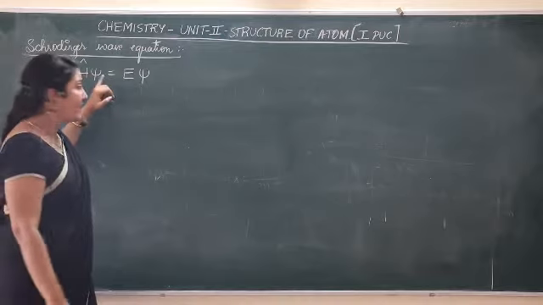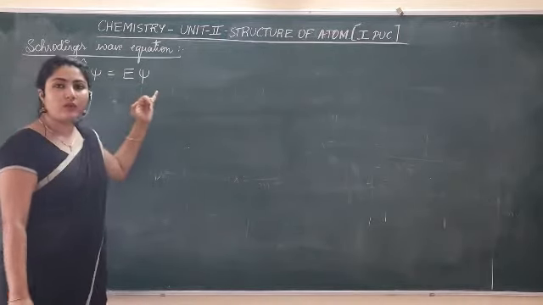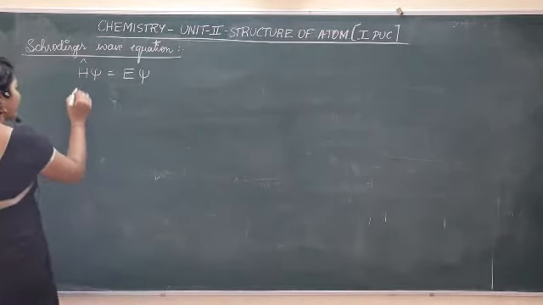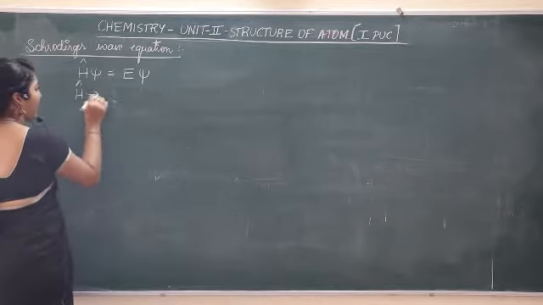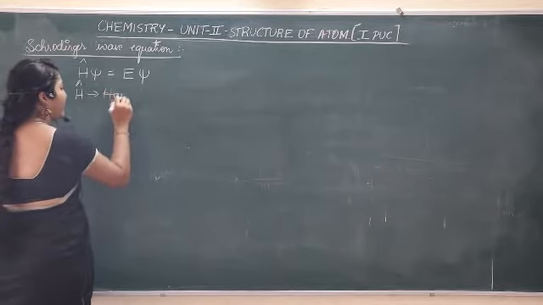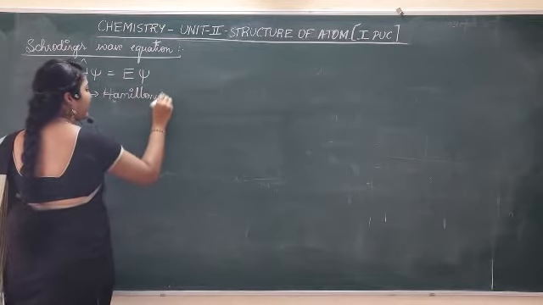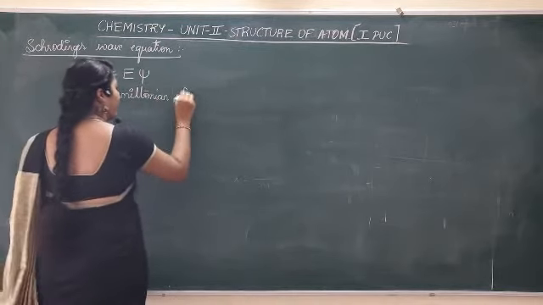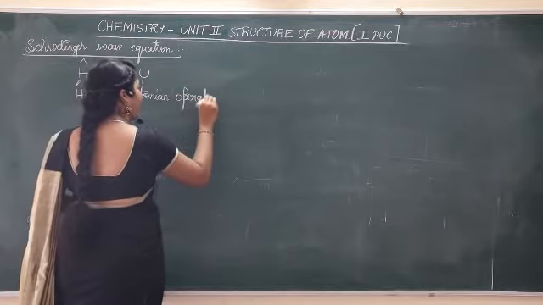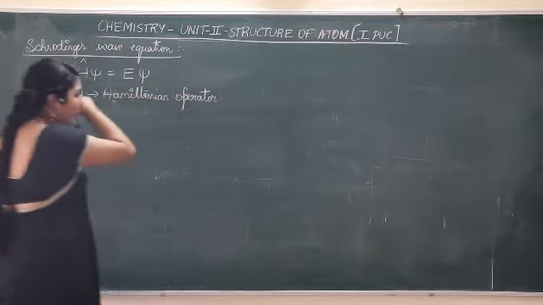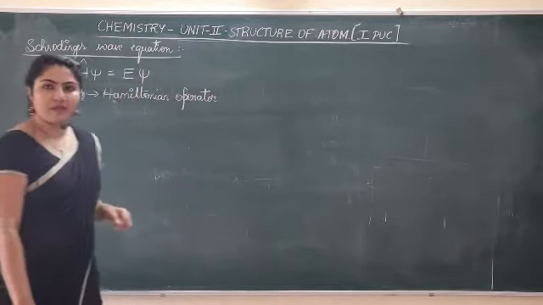We call it Hψ = Eψ, where this H cap is called the Hamiltonian. It is a mathematical operator called the Hamiltonian operator. We are only studying the derived expression here, so you need not worry much about it.